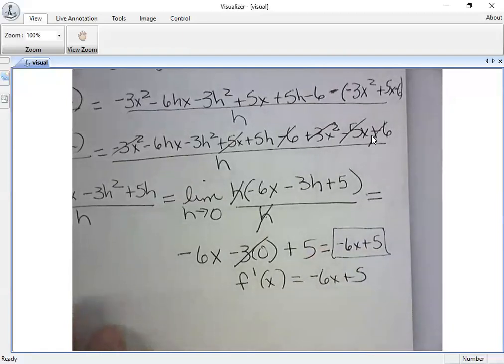And that would mean I could go to any point on that original function, which we knew was a parabola, and if I wanted to find that instantaneous rate of change, what's the slope at that one point, all I would have to do is plug in the x value at that one point, and I would know what the slope is, which would mean if I drew that tangent line, remember we can draw a line that shares that same point, it's going to be the same slope as what you would have on that tangent line.